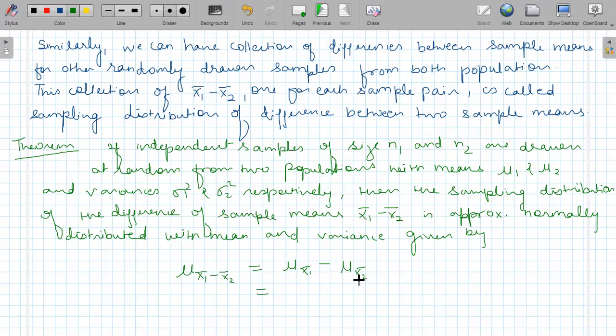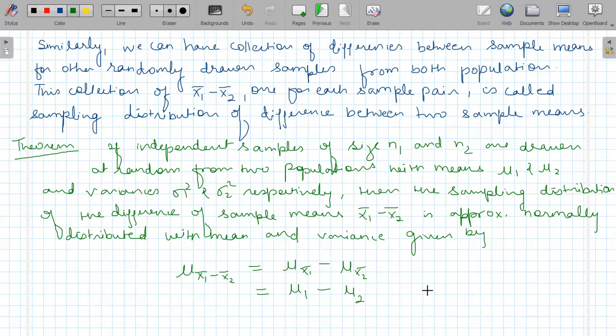This is the mean of sampling distribution of sample means which are drawn from the second population. From central limit theorem, we know that the mean of such distribution is equal to the population mean from which they are coming. So this is equal to mu1 and this is equal to mu2. So the mean of the distribution of the difference between sample means is equal to the difference between their population means.